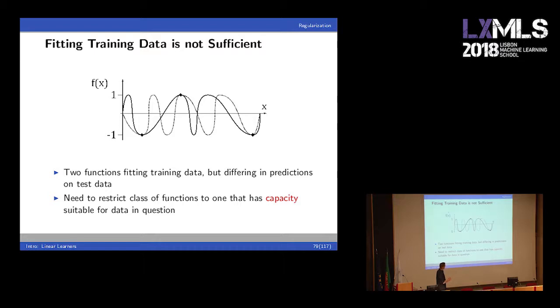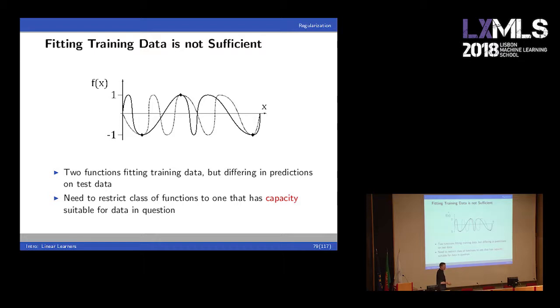They make the right prediction for the positive and negative examples. But for all examples that lie in between, they make different predictions. And in general, for any given function, you can find another function that fits the training data just in the same way as your function, but does something different on the test data.